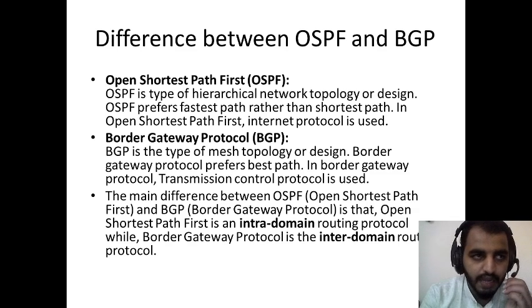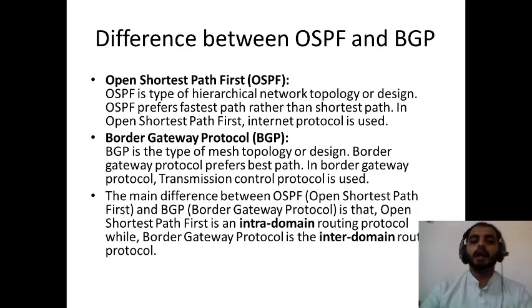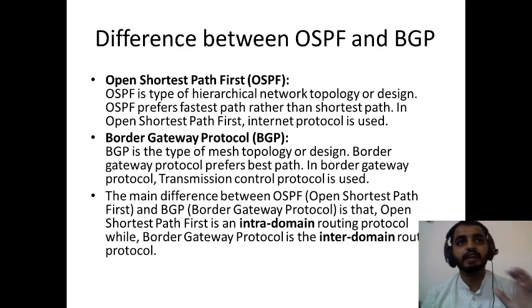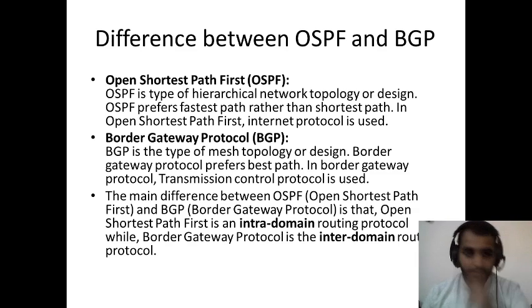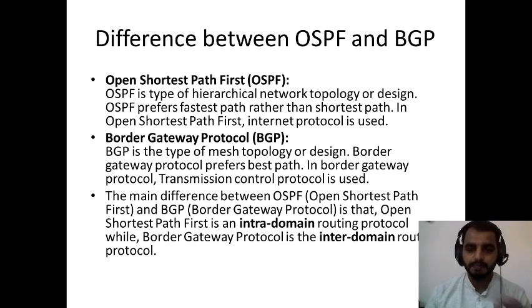Topology, in the sense, is how networks are arranged and made so that they can communicate. BGP is a mesh type of topology, in the sense that every router is connected to every other router available within that network. That is what we call mesh topology.